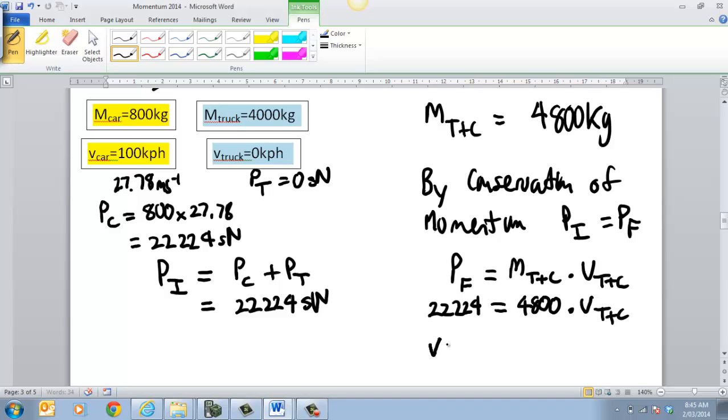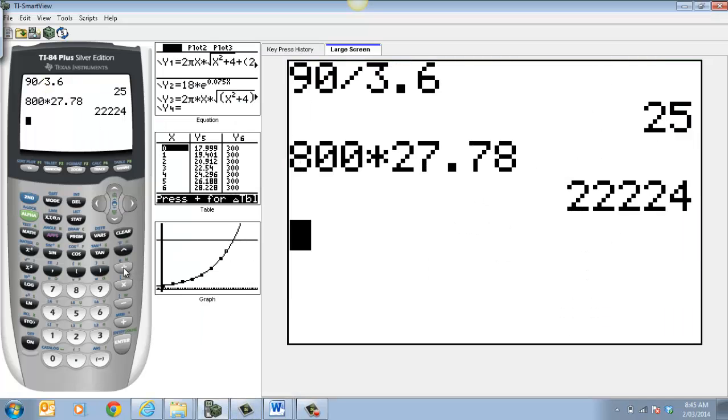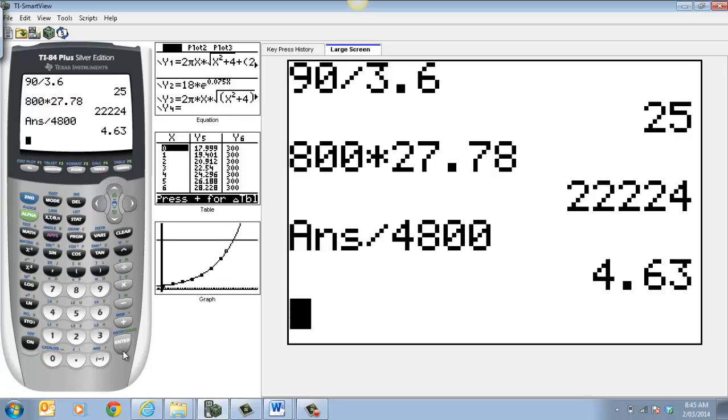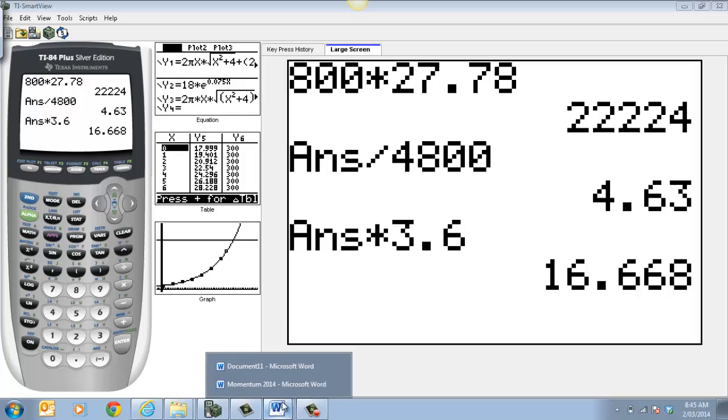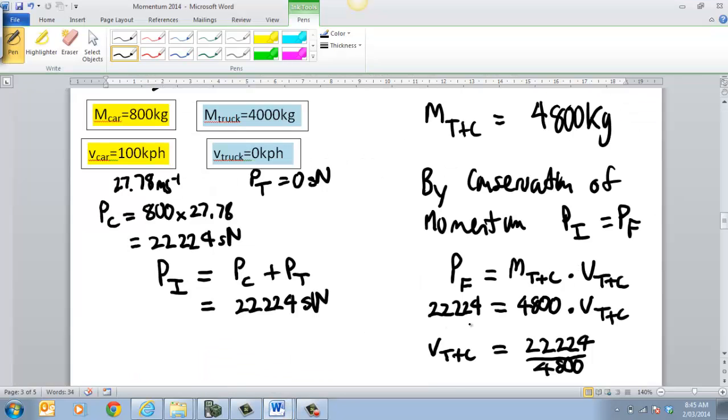So the velocity of the truck plus the car is going to be equal to 22,224 divided by 4,800. On my calculator I've already got that answer, so all I have to do is divide by 4,800, and that will give me my answer of 4.63, and if I times that by 3.6, that will tell me kilometres per hour.